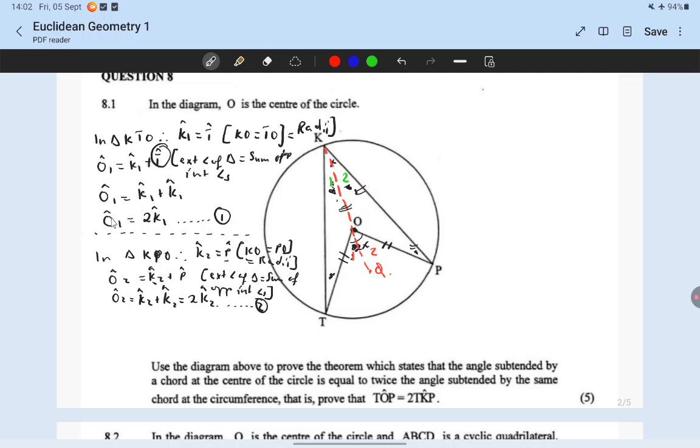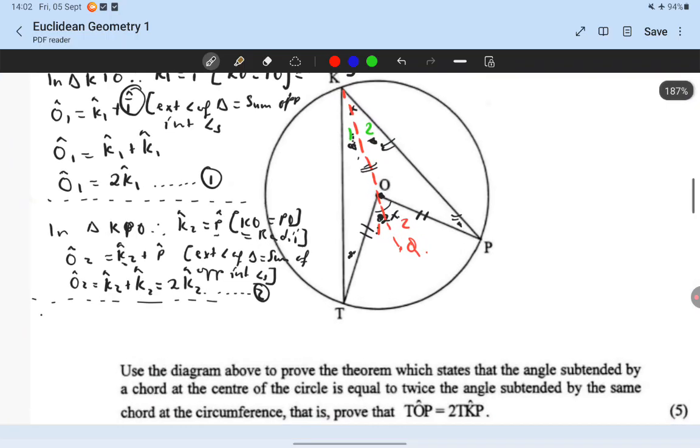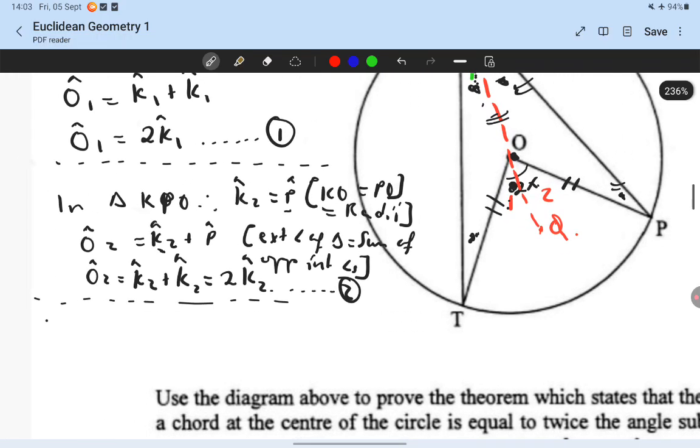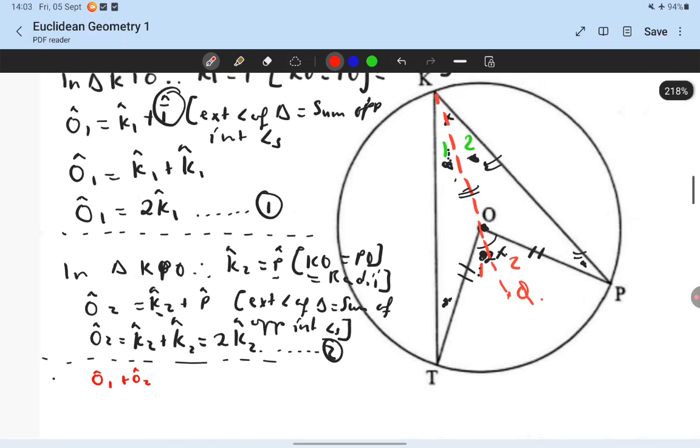But you know that if this side is equivalent to that side, and also this side is equivalent to that side, it means that if we add this side and this side, we can also add this side and this side. So what am I trying to say? We can replace that by just saying our O1 plus our O2. You can see that here we're having O1 and O2.